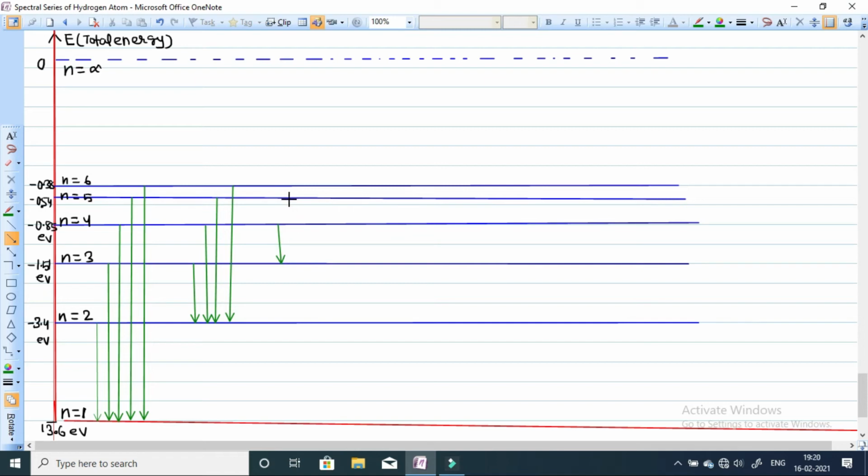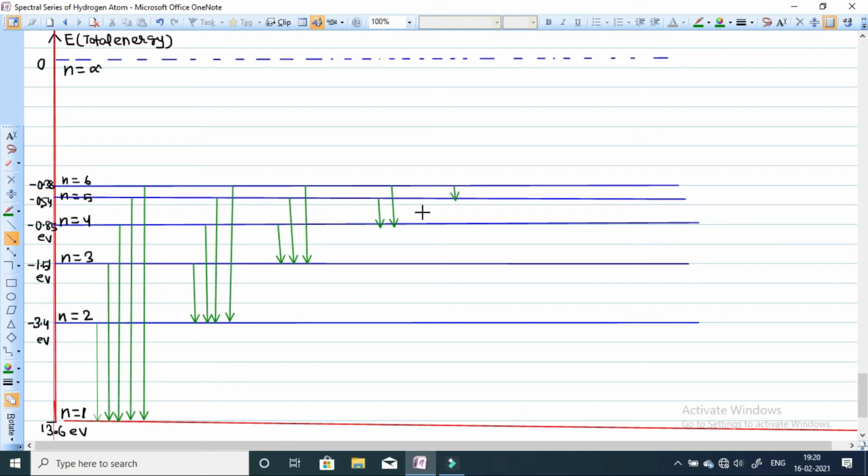Electron is jumping from here and from here, like this. Many lines you can choose, no problem at all. And finally you can take other series also.